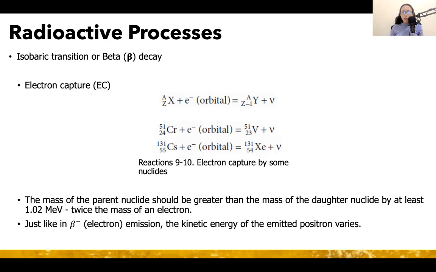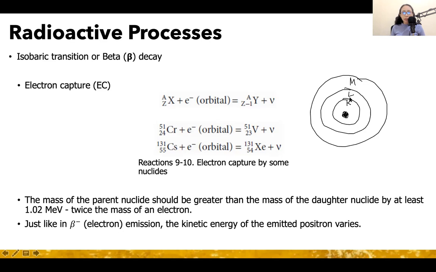You remember we have letter designations for our orbitals. So you have your nucleus here, you have your K orbital, you have your L orbital, and you have your M orbital. So the nucleus can snatch an electron from the K, from the L, or from the M orbital.